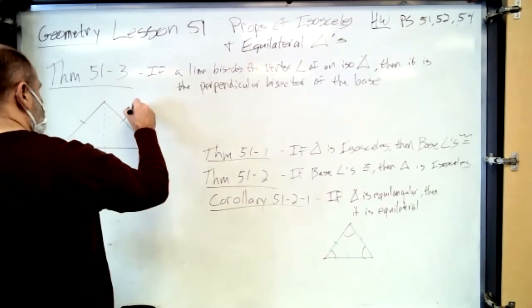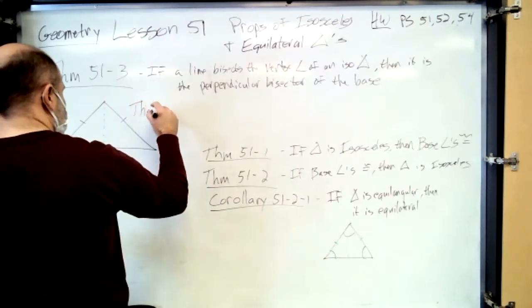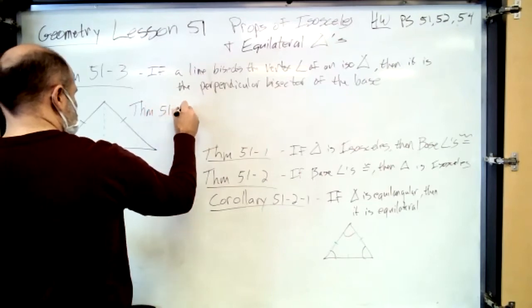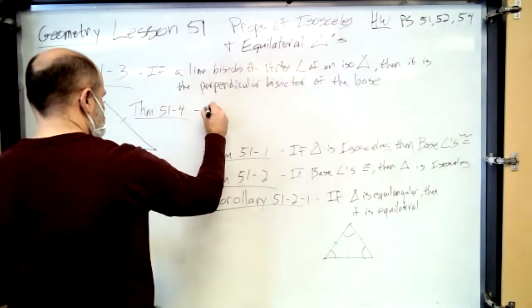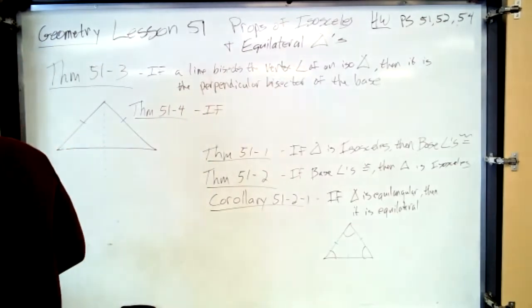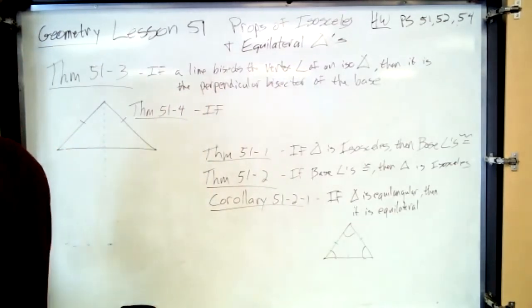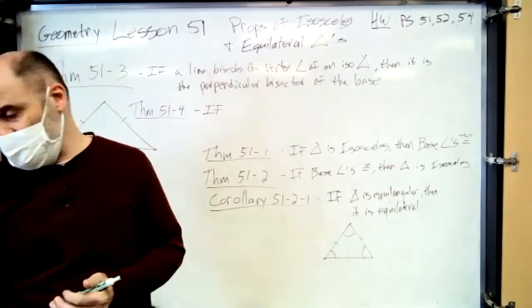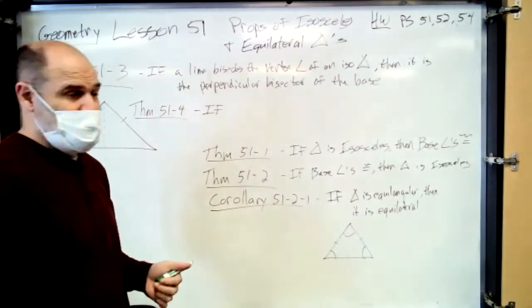Okay, so Theorem 51.4 is the converse of 51.3. If a line is the perpendicular bisector of the base of an isosceles triangle, then it bisects the vertex angle.